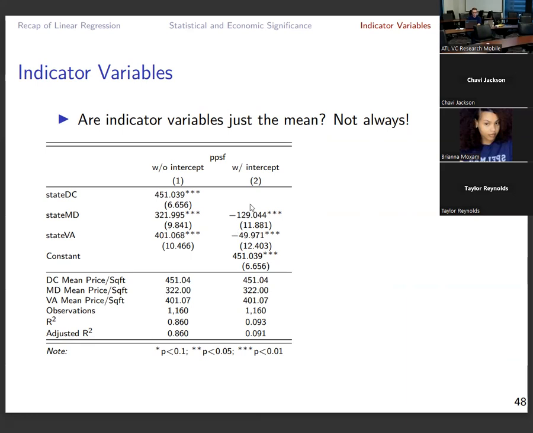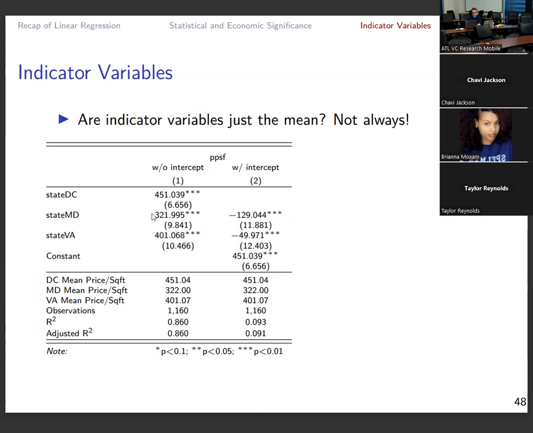And then the other intercepts are going to be values in relationship to the base, as Taylor explained and got exactly right when she said, oh, well, all I have to do to get to Virginia's average price per square foot is to take 50 off of this 451, and I'm getting to Virginia's actual mean.